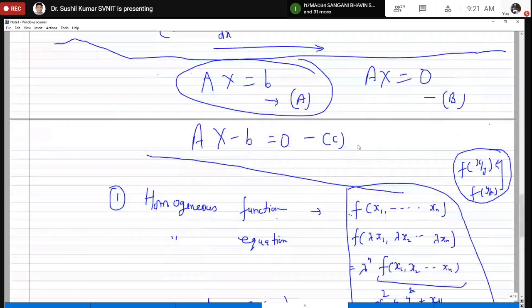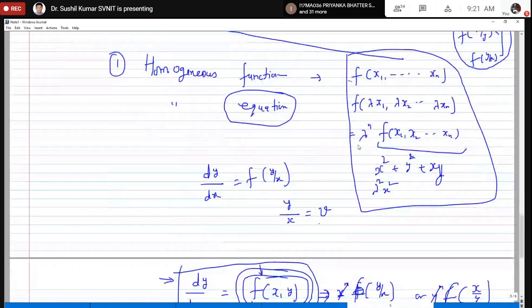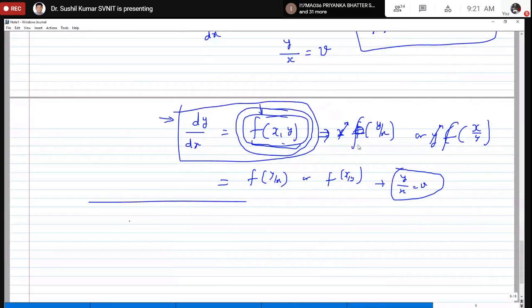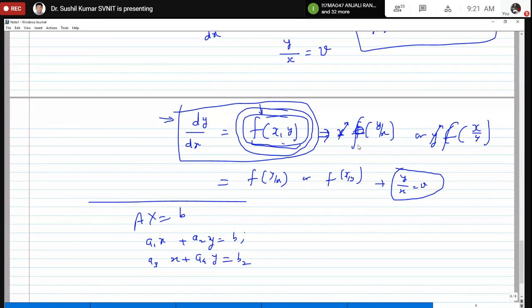Now, come to the part on homogeneous equation. Let me first discuss this one. If you have the equation Ax equal to B, let's say we have two variables only: A1 x plus A2 y equal to, let's say, B1, and A3 x plus A4 y equal to, let's say, B2.